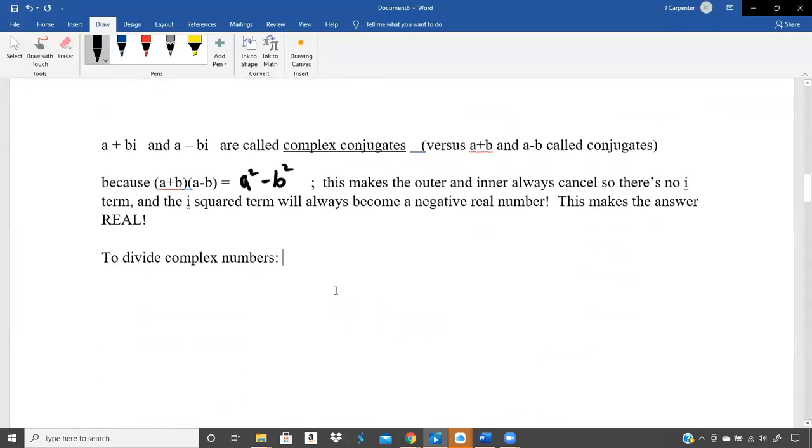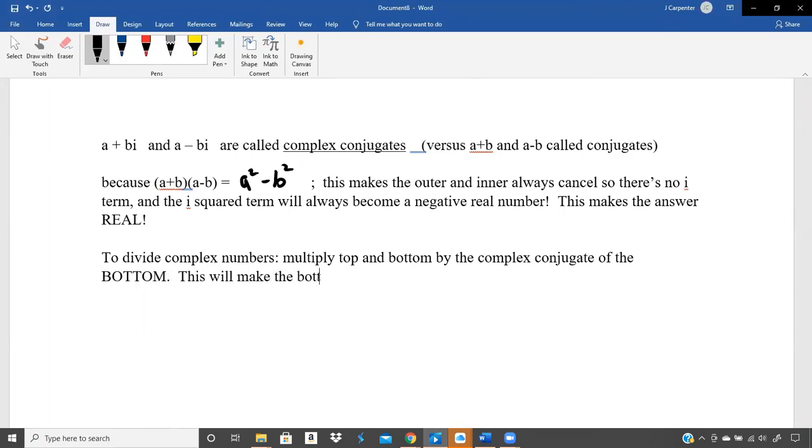And there was a rule for dividing radicals, which is exactly the same as this, but with square roots instead of i's. So to divide complex numbers, multiply top and bottom by the complex conjugate of the bottom.